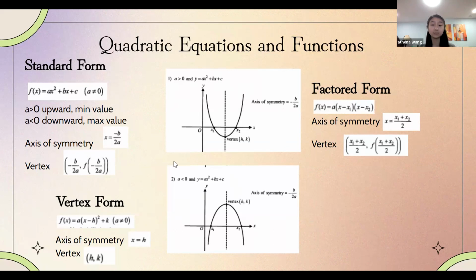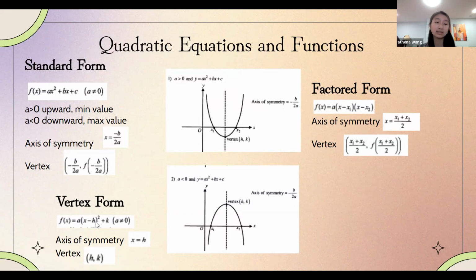For vertex form, it's much easier to find the vertex. We have a times x minus h squared plus k, where a is not 0, as the vertex form. This is basically just completing the square from the standard form.